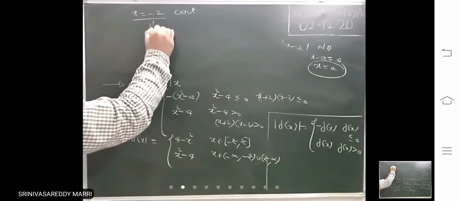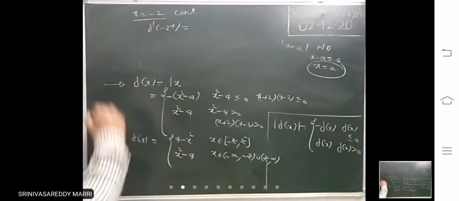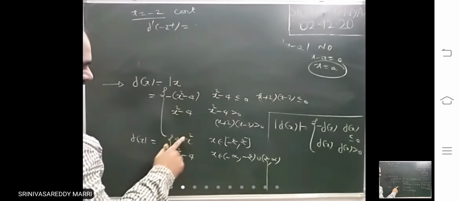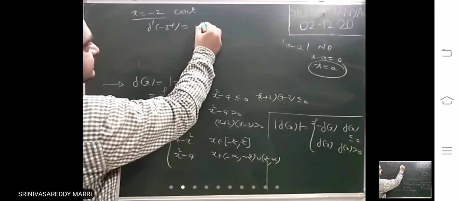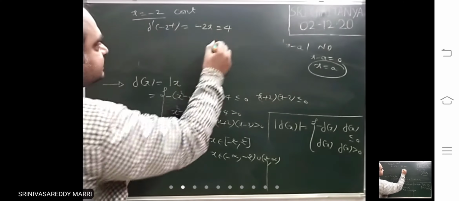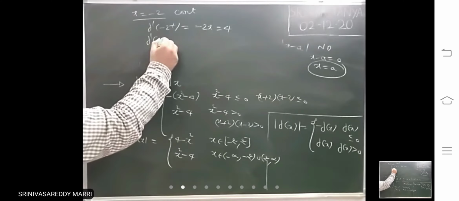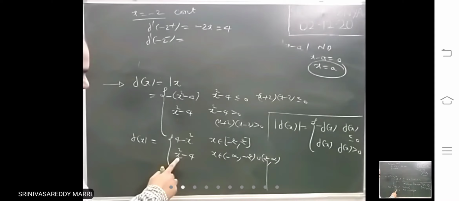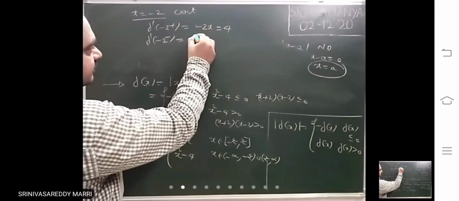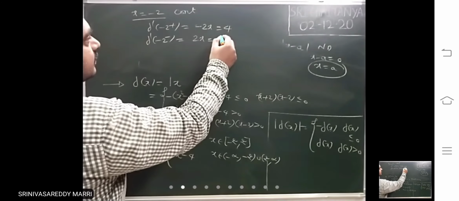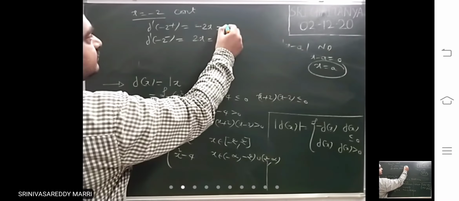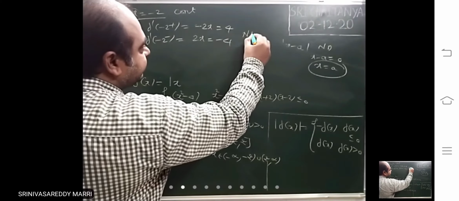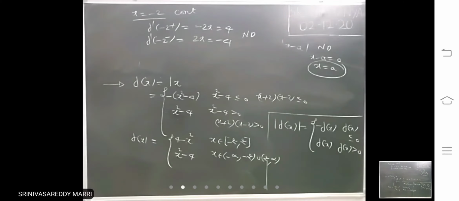So f dash of minus 2 plus, for x greater than minus 2, the derivative of 4 minus x square is minus 2x, that means this is 4. F dash of minus 2 minus, for x less than minus 2, the derivative is 2x, so this is minus 4. That means it is not differentiable at x equal to minus 2.